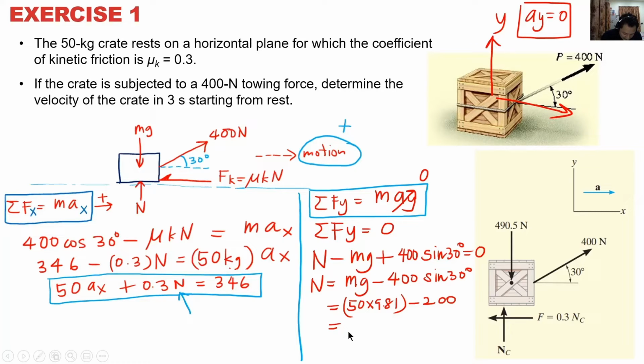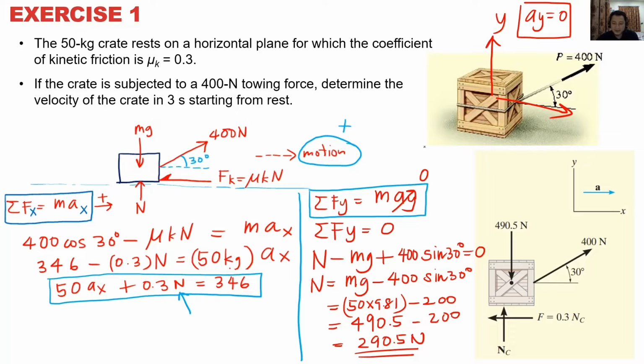So 50 times 9.81 is 490.5, minus 200, so you get 290.5 newtons.